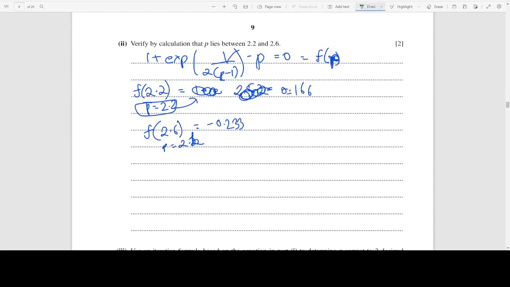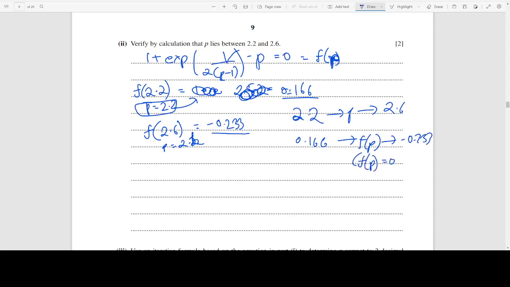So see, if you guys can see, initially the value was 0.166, then it became negative 0.233. Means when the value of p goes from 2.2 to 2.6, f of p changes from 0.166 to minus 0.233, means there is a value where f of p is equal to 0, because it's between positive and negative values, correct?